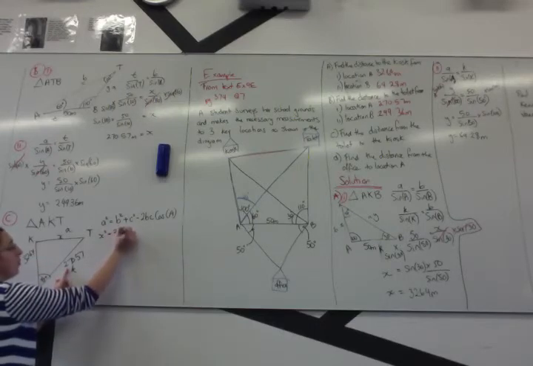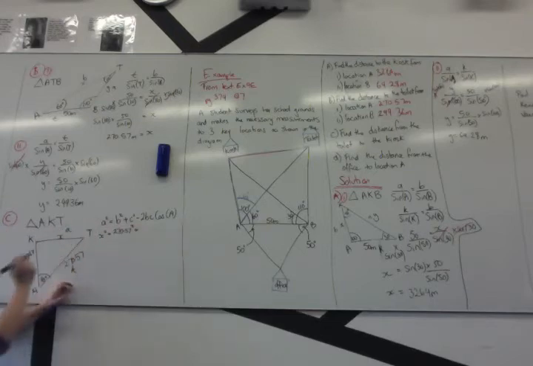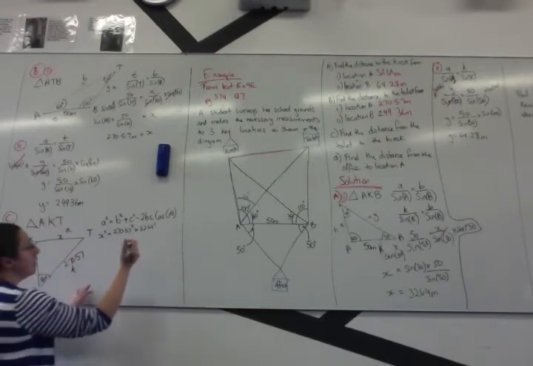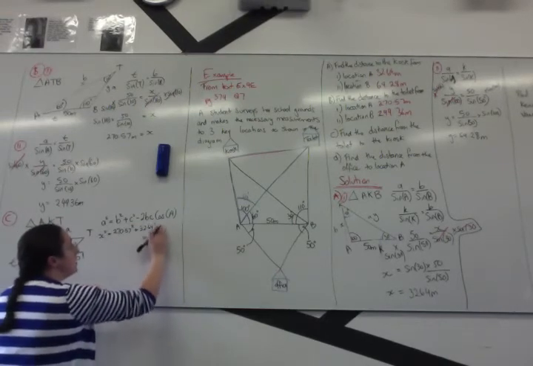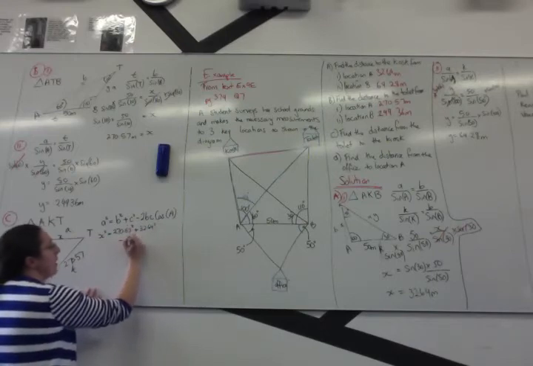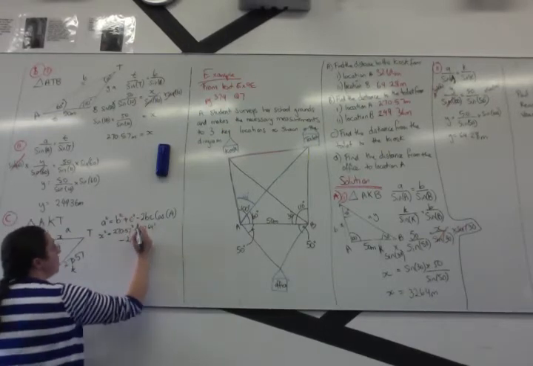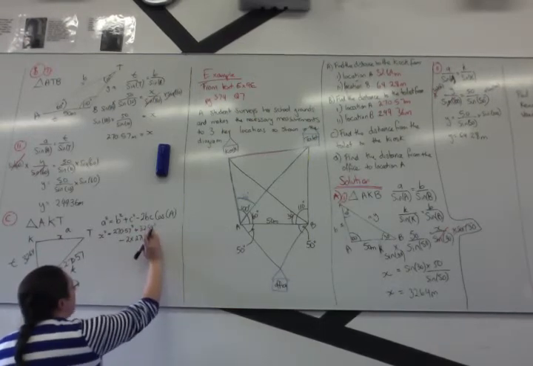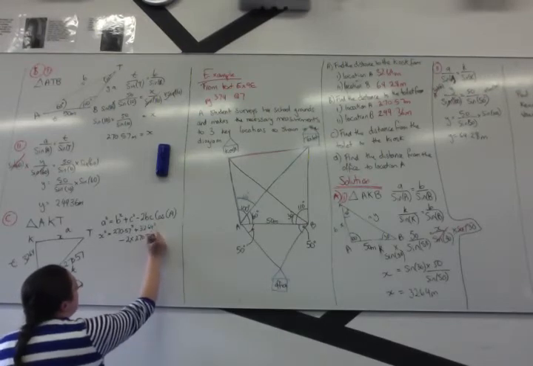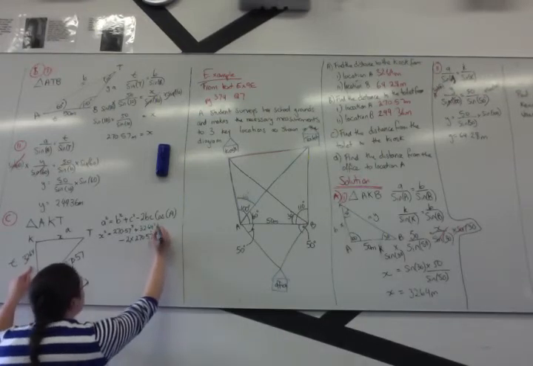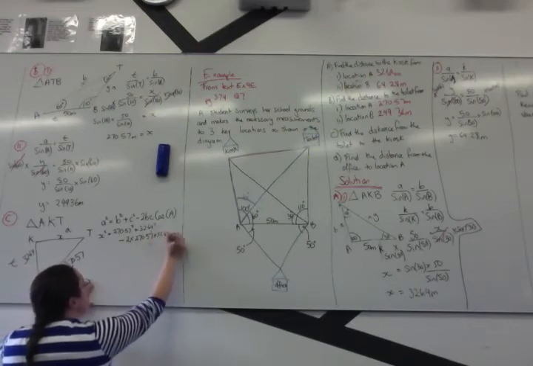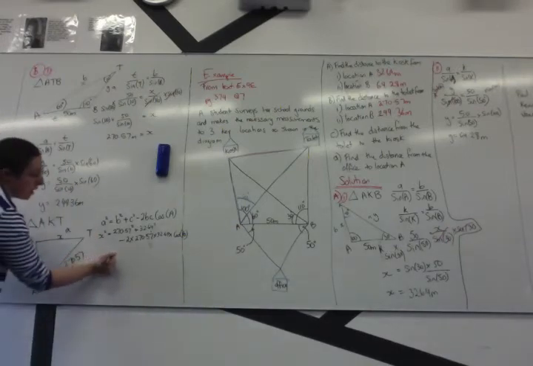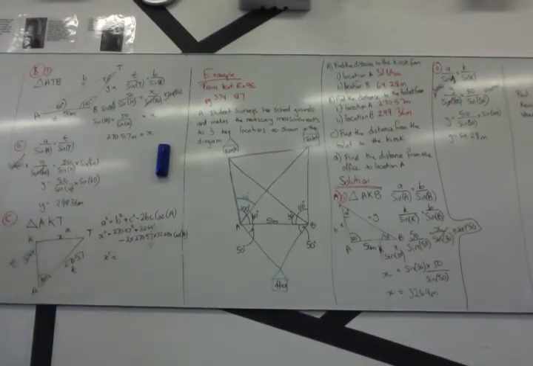So 270.57 squared plus c, which is 32.64 squared, minus, now I have to write it underneath, I'm sorry, take away 2 times b, which is going to be my k, 270.57, times c, which is going to be 32.64 times the cos of 40 degrees. Now you put that all into your trusty calculator in the right places, and what do you get?